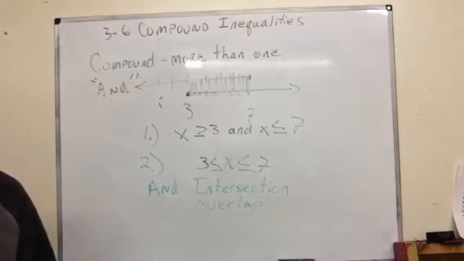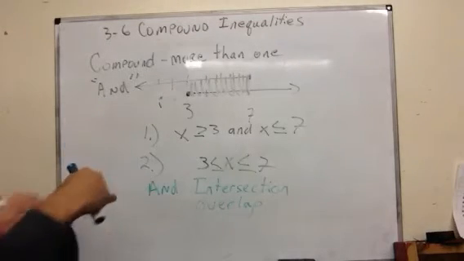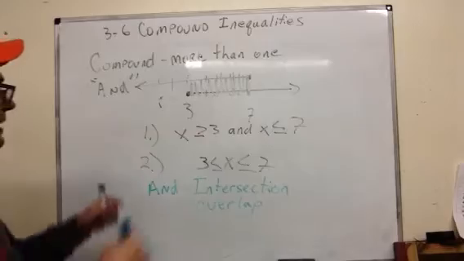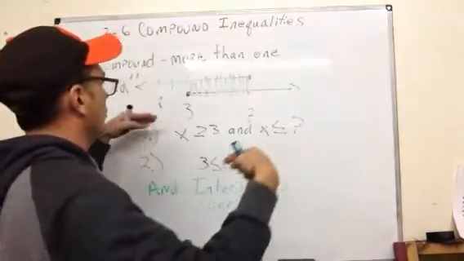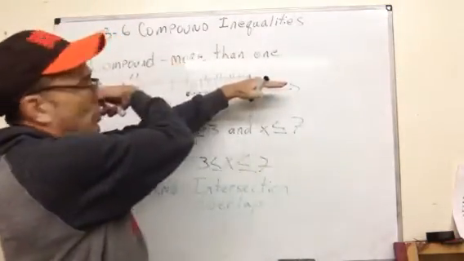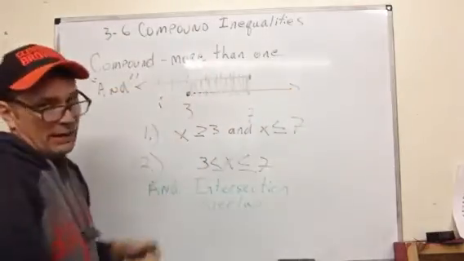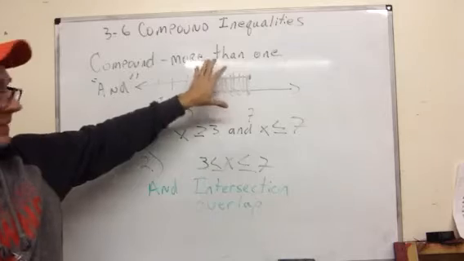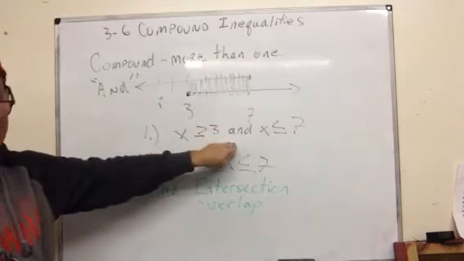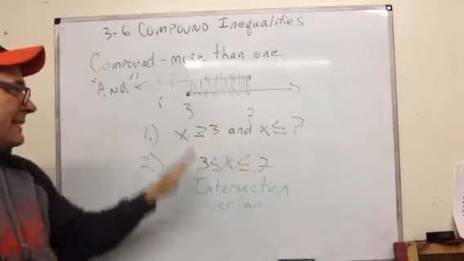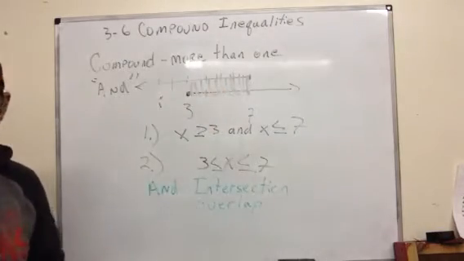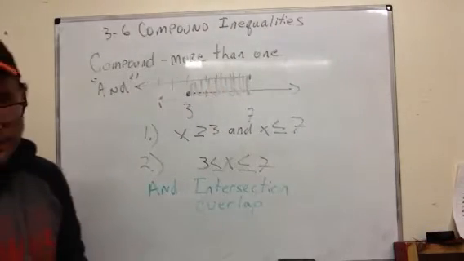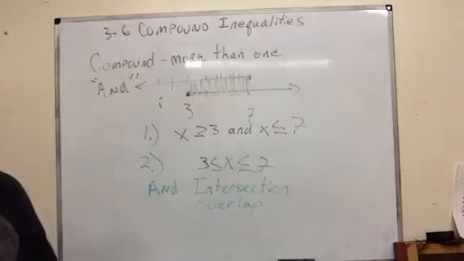So if you see, with every problem, one's going one way, the other one's going the other way. But it's where they intersect. Every graph will look like this 99% of the time if it's an and problem. We'll talk about some examples that might not look like this, but we'll do that a little bit later in another lesson.